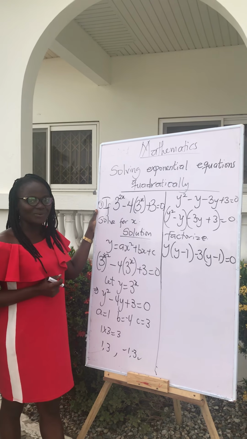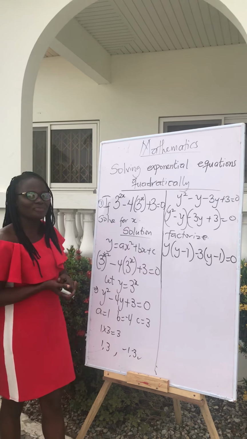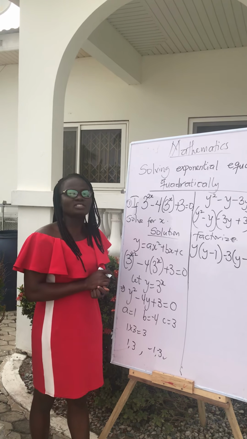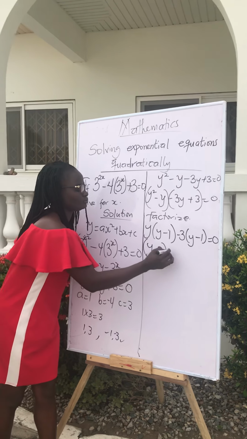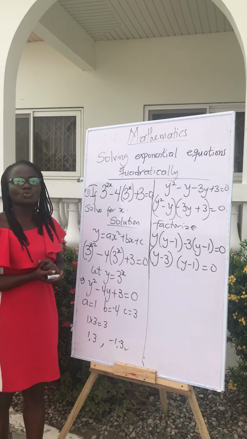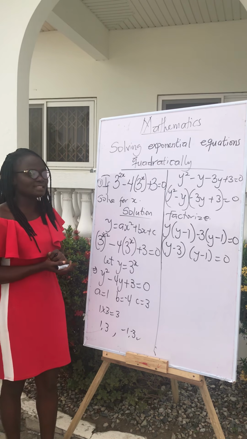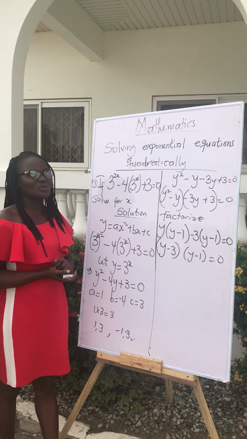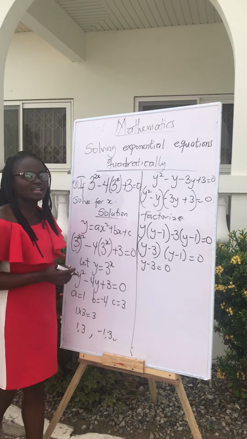When you get it that way, you now bring the numbers outside the bracket together, and you pick those outside the bracket. You pick one of those inside the bracket. So it becomes y minus 3 times y minus 1 equals 0. You are to look for y. So it means that the first bracket becomes y minus 3 equals 0. What is y?